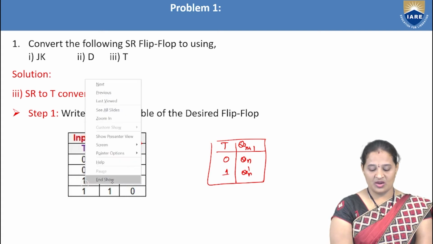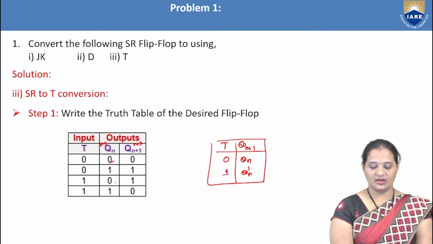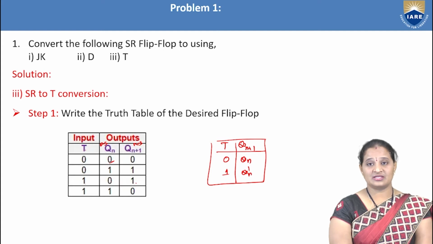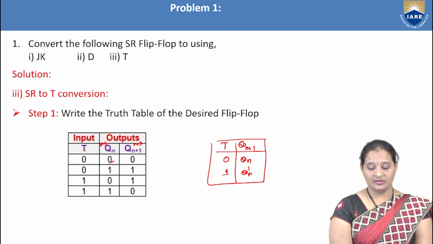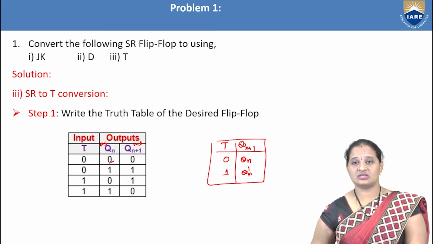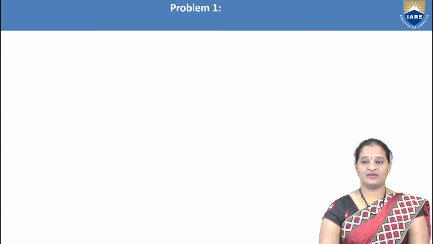When T is equal to 1 and the present state is 0, the next state is the complement of the present state. What is the present state? 0. Complement is 1. The next state is 1 here. And as T is 1 again and the present state is 1, the next state is the complement of the present state and hence the next state is equal to 0. So this is the truth table of the T flip-flop.